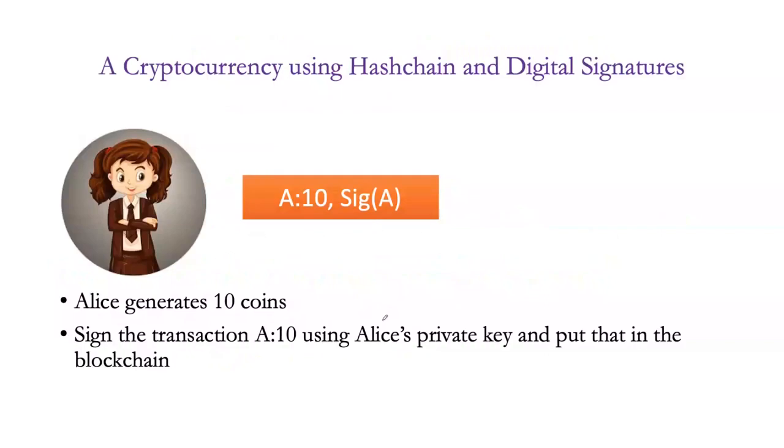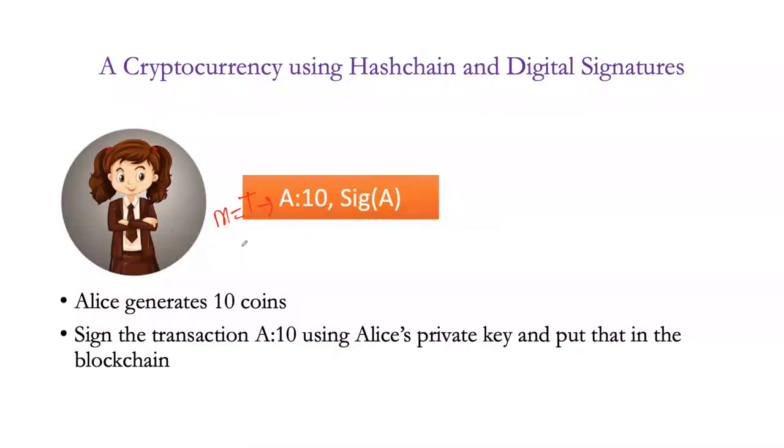But cryptocurrency uses the hash chain, as we discussed in previous classes. If Alice generates, suppose, 10 coins or 15 coins, whatever number of coins, that is one transaction. Alice having 10 coins is one transaction, and we treat this as the message.